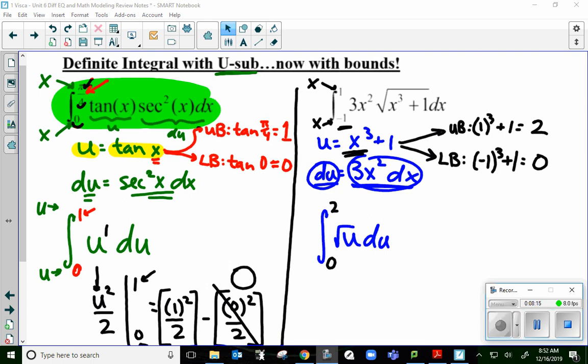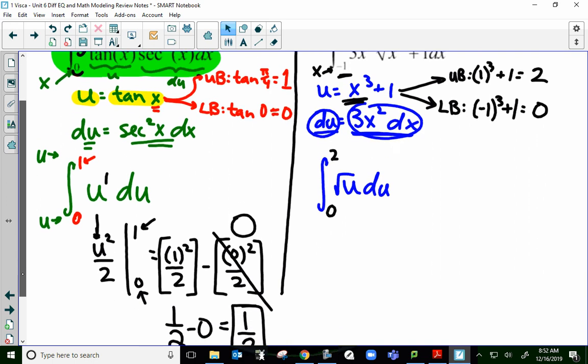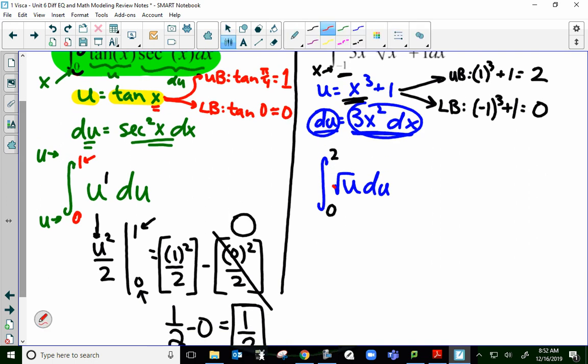So now, because I know derivatives and integrations are so much easier when we have exponents, I am going to change this square root to a power of 1/2. So basically I have the integration from 2 to 0 of u to the 1/2 du.